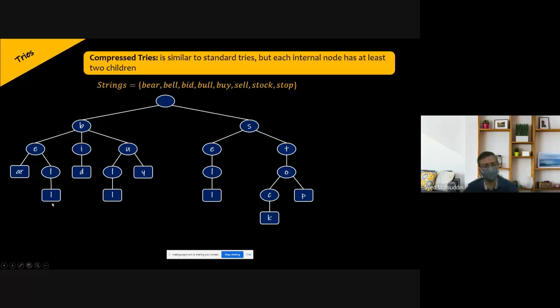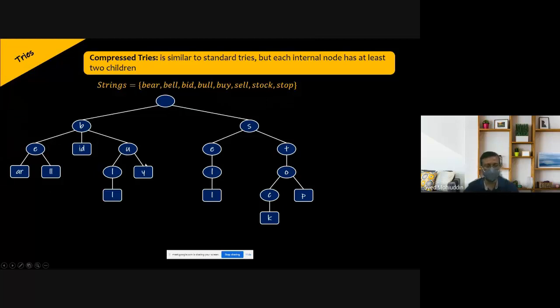Then even LL can be compressed, so instead of two nodes, we can compress it to one node. In this case, node I has D as the only child, so it can be compressed, and we can have BID or BEAR. The rest of the things, following the path from root till the leaf node, remain the same.